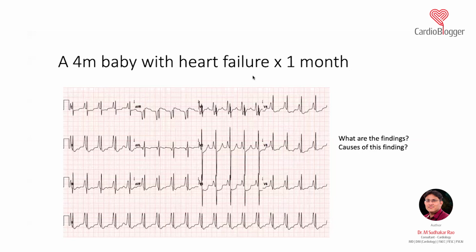Now I'll go into a little bit more detail. The next ECG is of a 4-month baby with heart failure. Now from the adult, we have come to a baby with heart failure. Yeah, a little fast for the beginners. Don't worry, I'll revise it in the end.